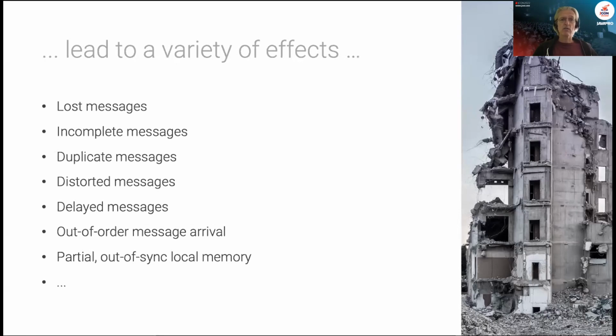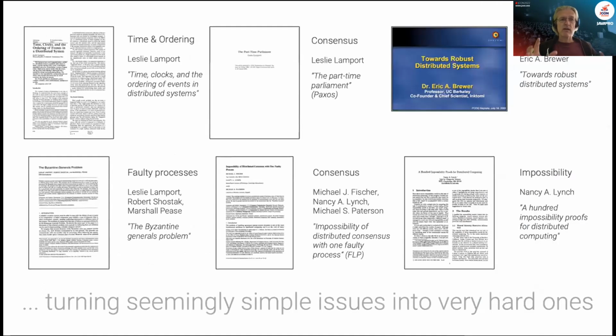Or partially out of sync local memories, which means that each node in your system landscape has its own concept of what the global state is, and they can be different, and you have to deal with those situations. And all these things can lead to effects that are very hard to handle in distributed systems, which are no-brainers inside a process boundary.